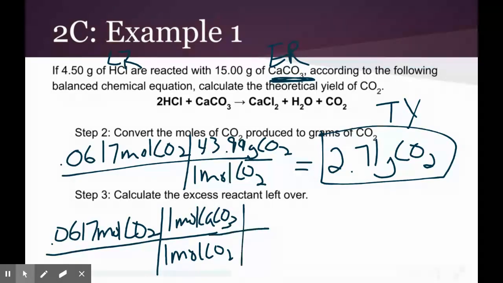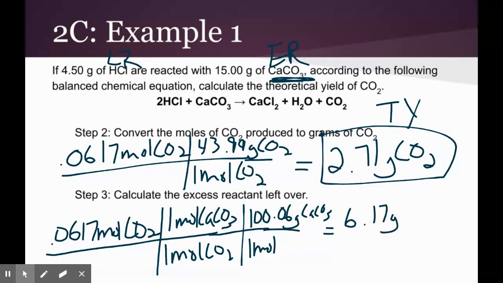And then we want to convert that to grams of CaCO3. So we're going to use 1 mole is equal to the molar mass, which is 100.06 grams of CaCO3. So when you calculate that, you get 6.17 grams. But that's not our answer. 6.17 grams is how much of the CaCO3 was used up in the reaction.